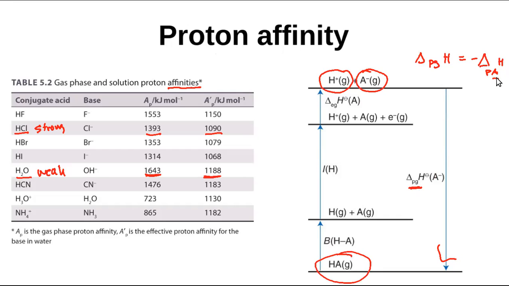So affinity is how much a species likes to attract something, but proton gain is directly a statement that a proton is attached to, for example, the A minus here.